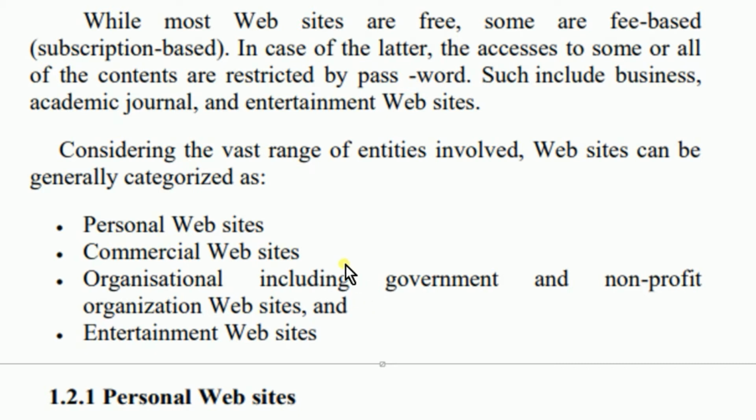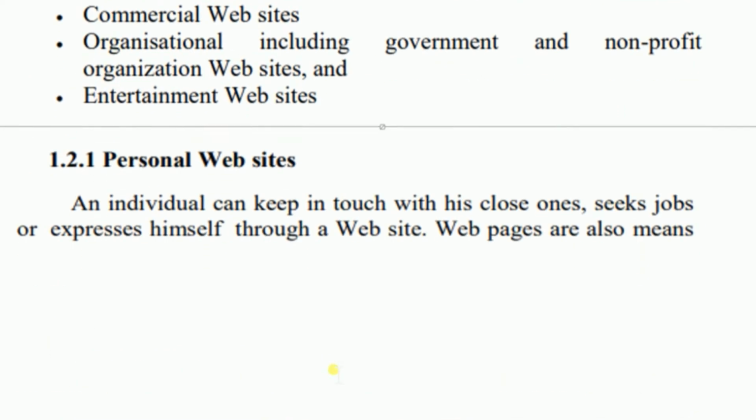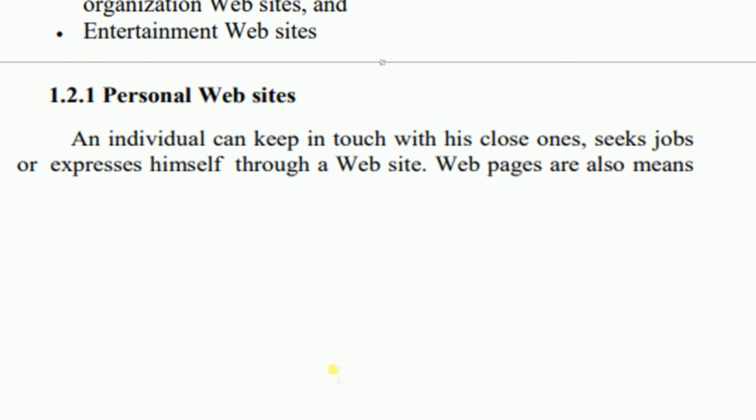Personal websites: if any individual person makes one site for his personal purpose, then we will call it a personal website.